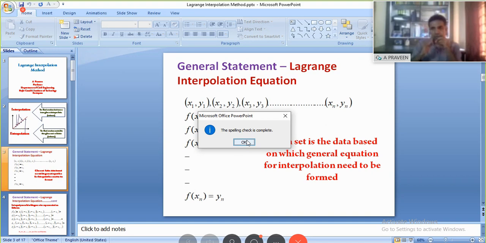The question that might come is, you have linear interpolation and quadratic interpolation. If you have 5 data points or 8 data points, how can you choose? It depends. You must have prior information on the characteristics of the data.